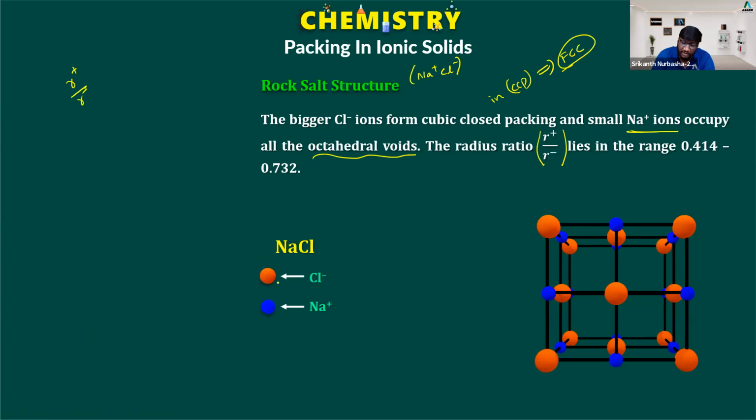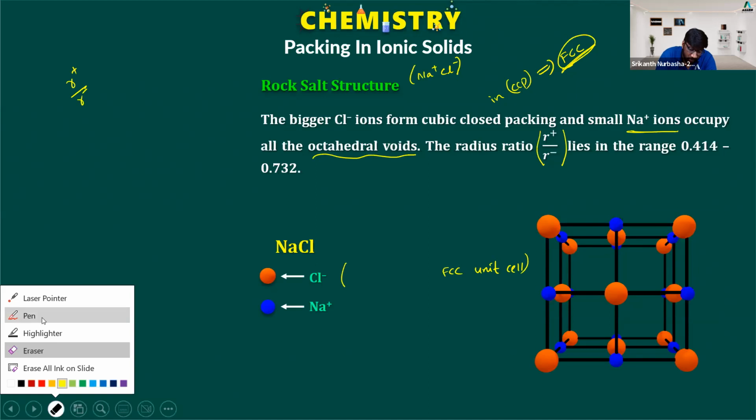Chloride ions are forming the CCP, cubic close packing, which means FCC unit cell. Na plus will be present at the octahedral voids. CCP has FCC unit cell.